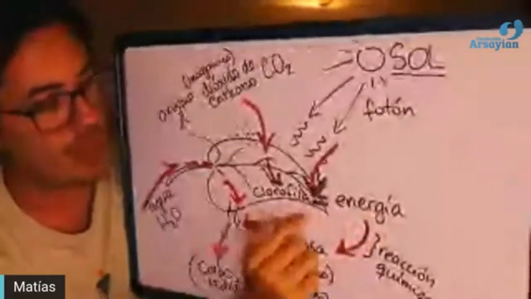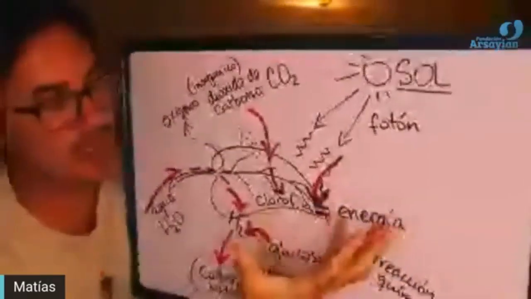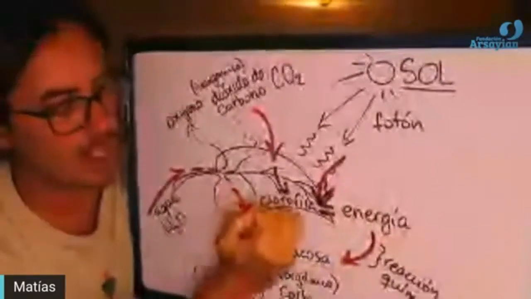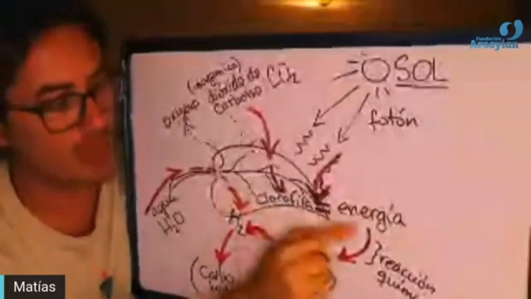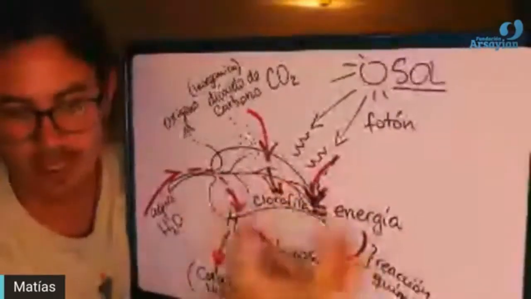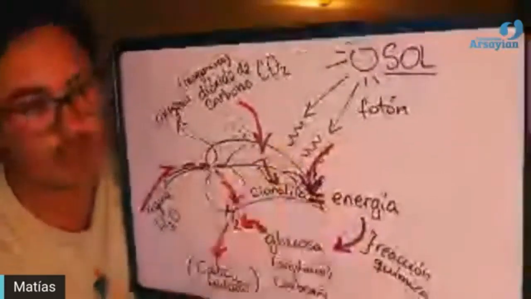So chlorophyll is the one that gets the photons, because photons will give energy to the plant. The plant needs energy, so we will grab it from the photons.